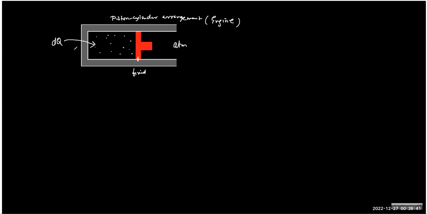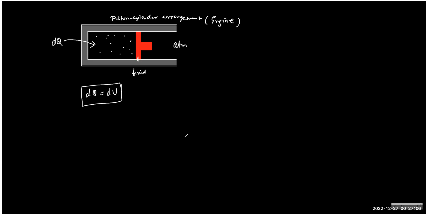Yes. And in this case, is it easy to say that dq must be equal to du here? Yes. But this is an interesting one. Here, the process is happening without change of volume, right?